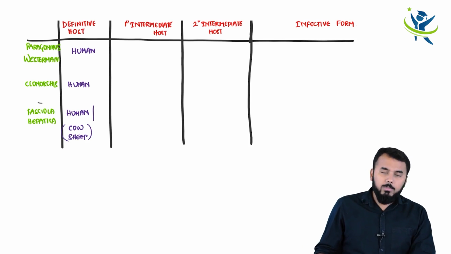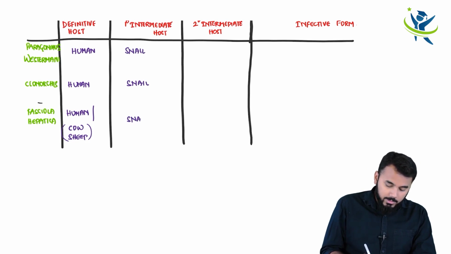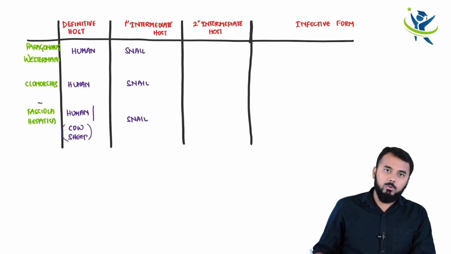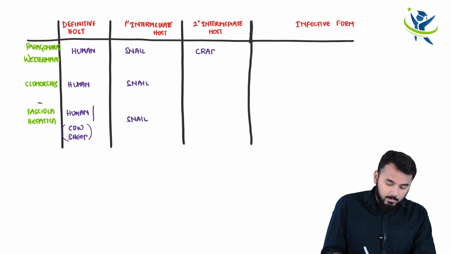Now when it comes to the intermediate host, the primary intermediate host in the first was snail, in the second also it was snail, and even in the third, the primary intermediate host will be snail. When it comes to the secondary intermediate host, in Paragonimus westermani the secondary intermediate host was the crab, right? And next we have got the fish, the freshwater fish.